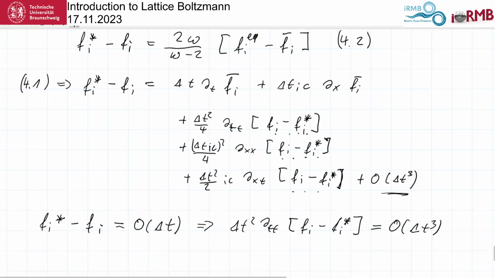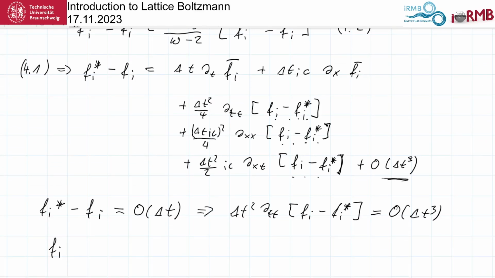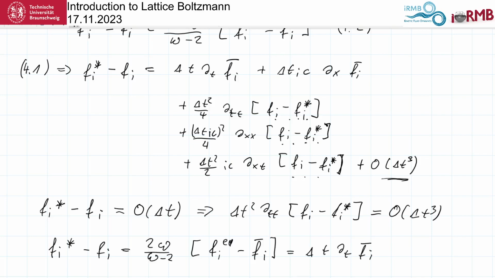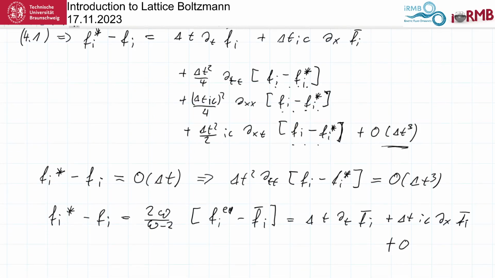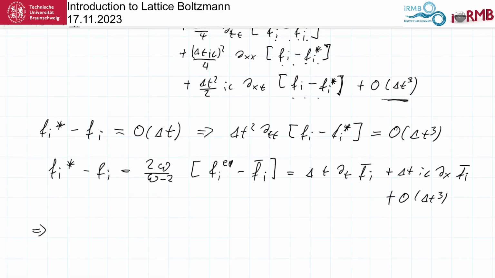So it will disappear, and what we end up with is fi star minus fi is equal to 2 omega divided by omega minus 2, fi eq minus fi bar, is equal to delta t dt fi bar plus delta t ic dx fi bar plus O of delta t cube, which means we end up with the Boltzmann, the lattice Boltzmann, the simplified Boltzmann equation.